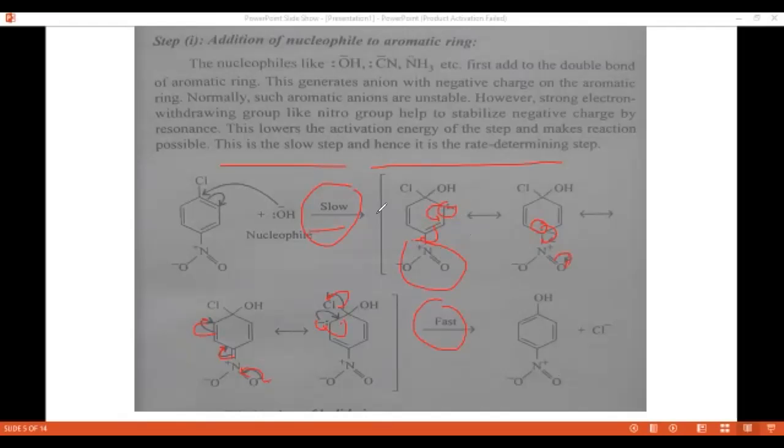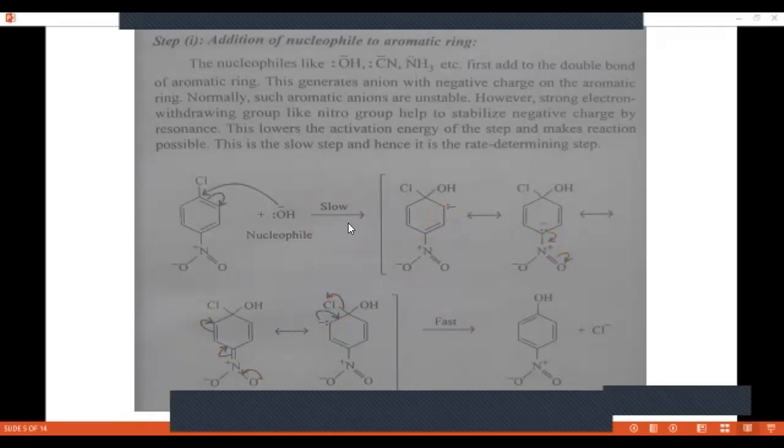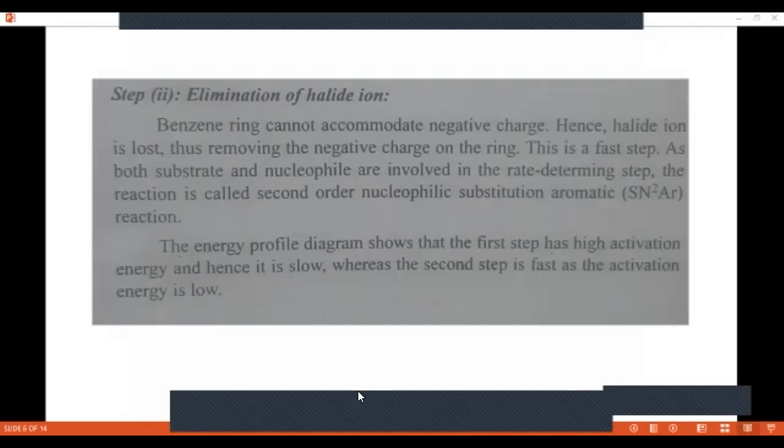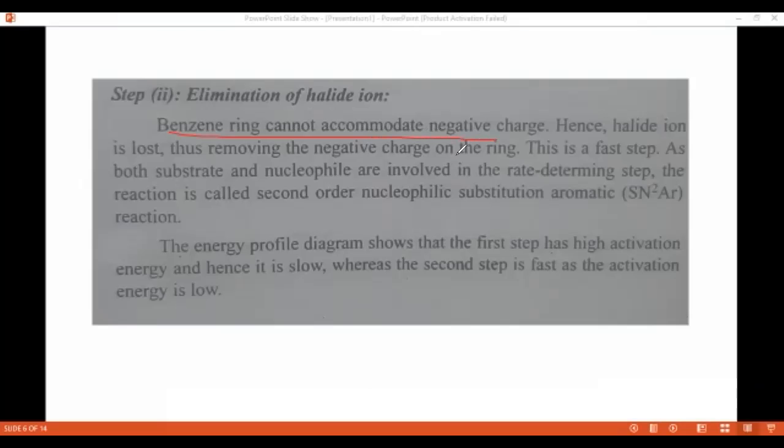Now in step number 2, the benzene ring cannot accommodate the negative charge. Hence, the halide ion is lost.